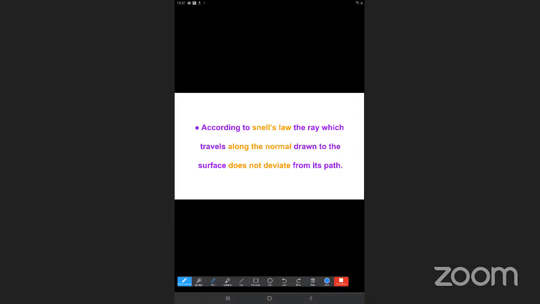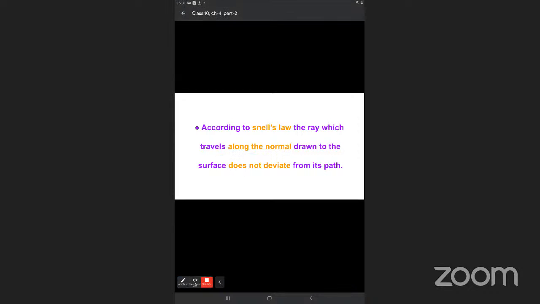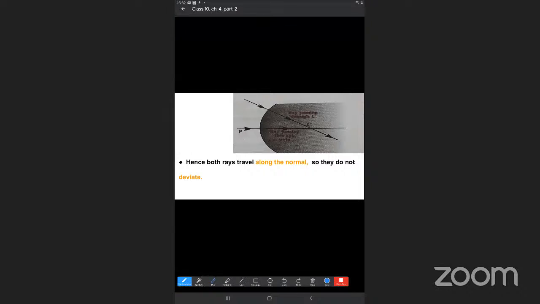According to Snell's law, the ray which travels along the normal drawn to the surface does not deviate from its path. So both rays travel along the normal, so they do not deviate.